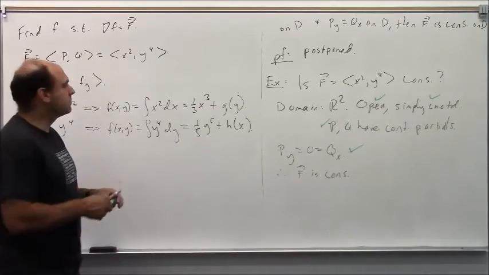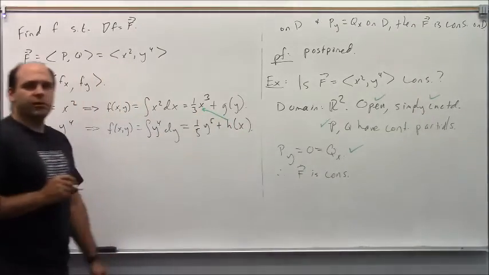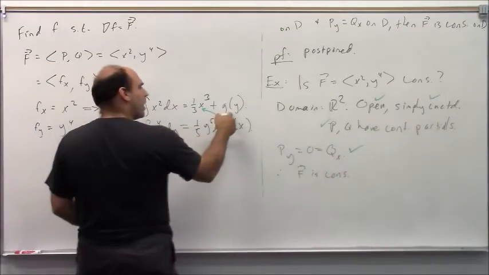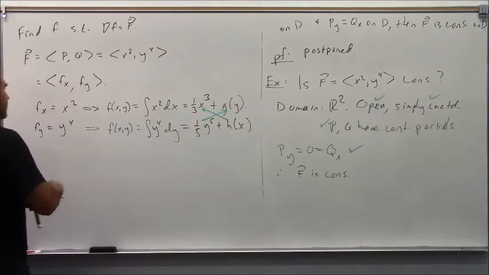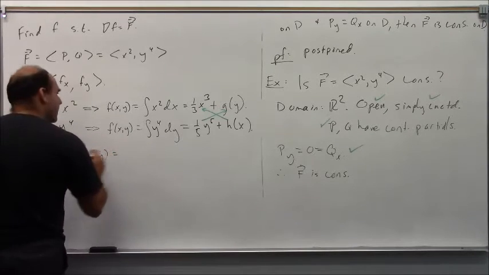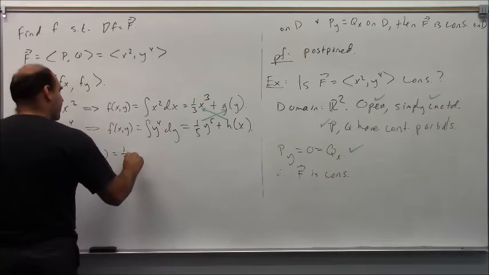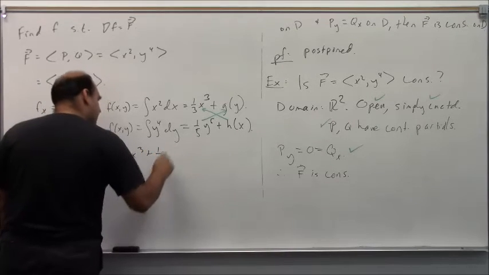Well, here's how. This function of x alone, that's 1/3 x cubed. This function of y alone, g of y, that's 1/5 y to the fifth. So I will let f of xy equal 1/3 x cubed plus 1/5 y to the fifth.